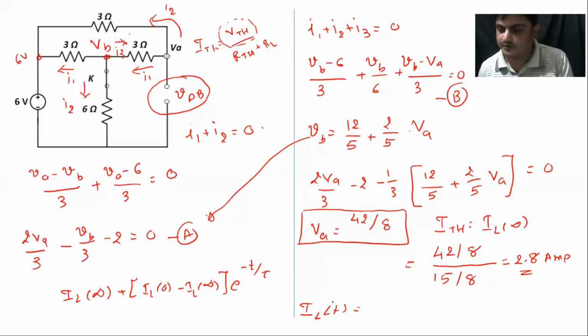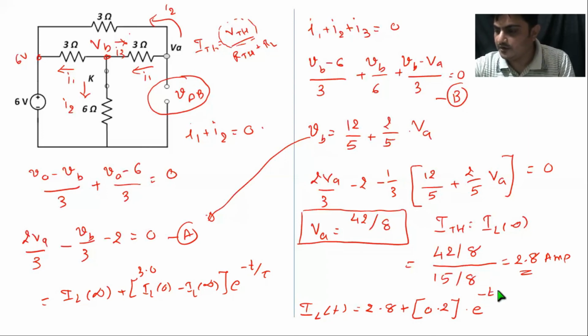Now we have all variables, so let us put in each and every variable. First of all, IL infinite, the steady state current that we have calculated, is 2.8, plus the initial value, that is 3.0. This variable we already calculated. So 3.0 minus 2.8 is 0.2, into e raised to minus t divided by tau.